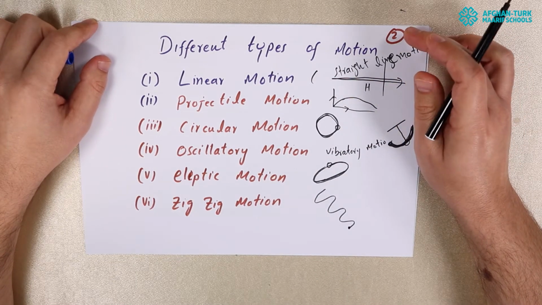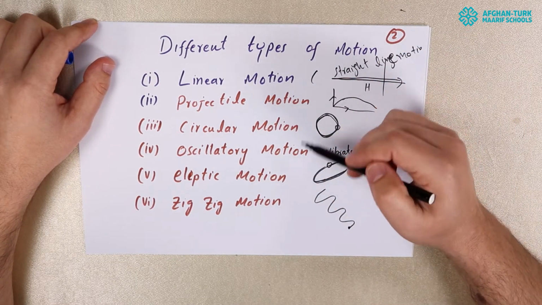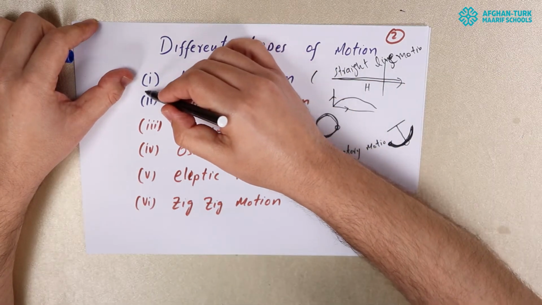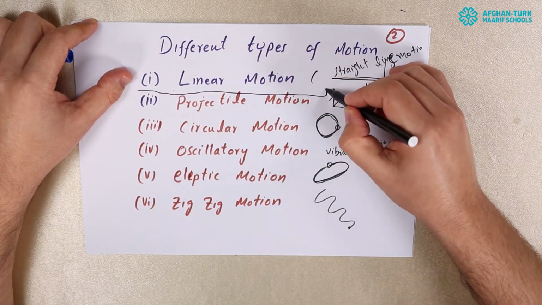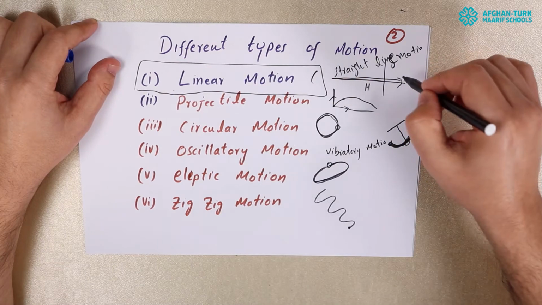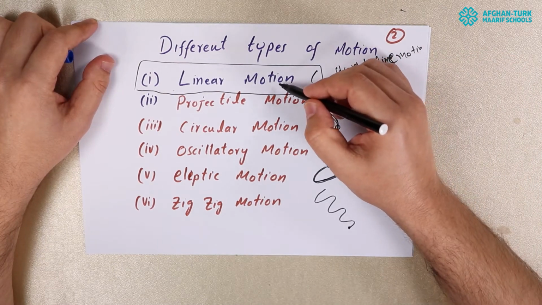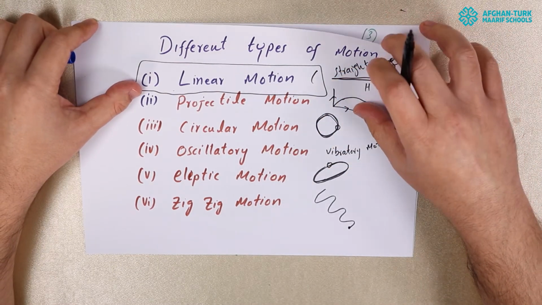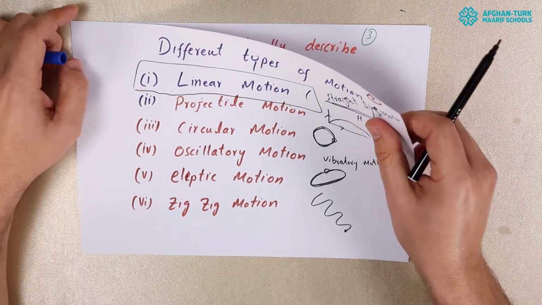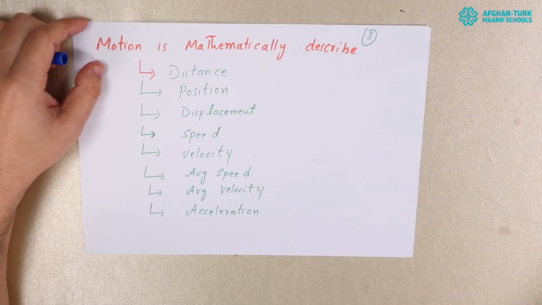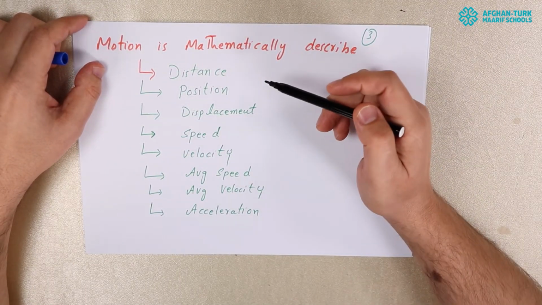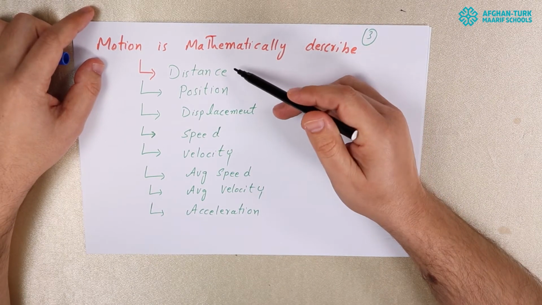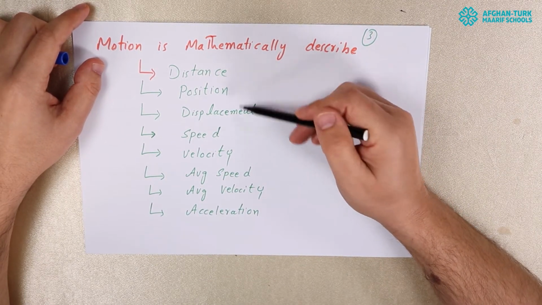Our focus in this chapter will be to discuss linear motion, or straight line motion, or one-dimensional motion. There are some important terms which we discuss and study in this chapter, which describe the motion mathematically.